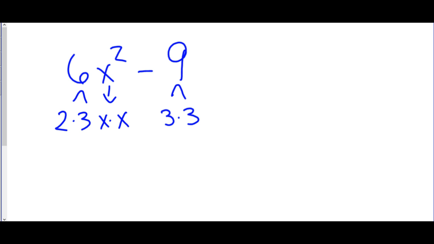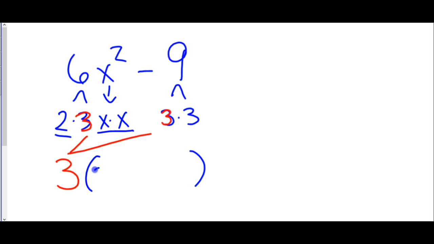Again, we look for what's in common. The first set of stuff has a 3, and so does the second. But that's the only thing they have in common. So now, when we factor, that common piece goes to the outside of a set of parentheses. Then anything left over goes inside the parentheses.